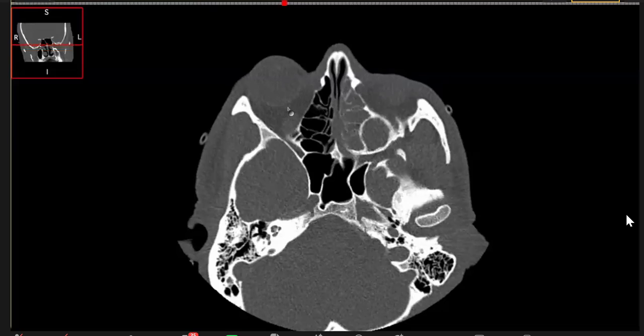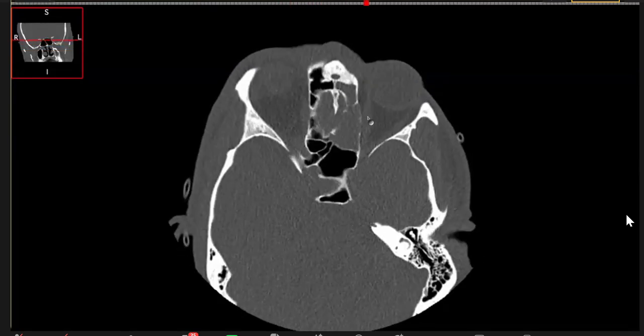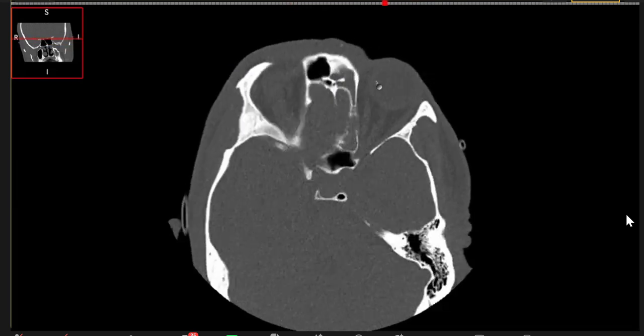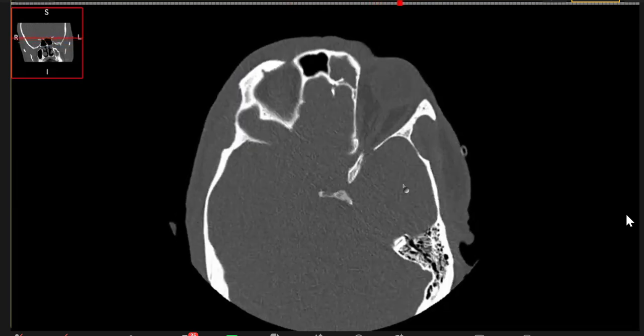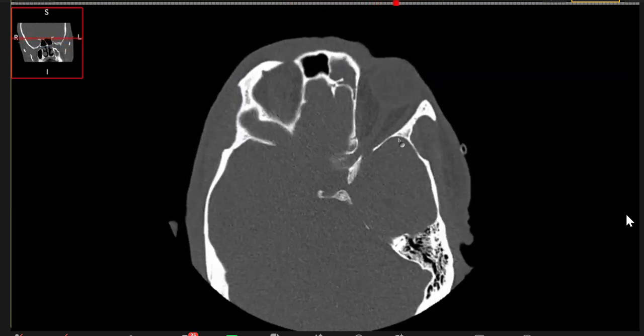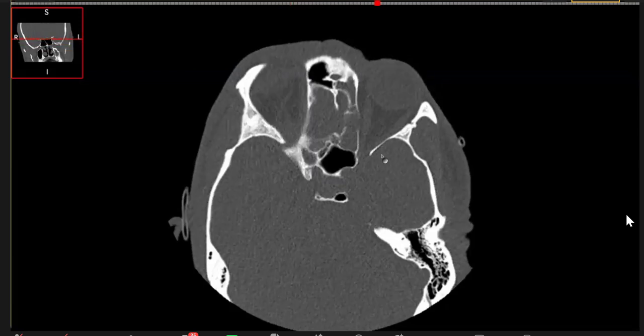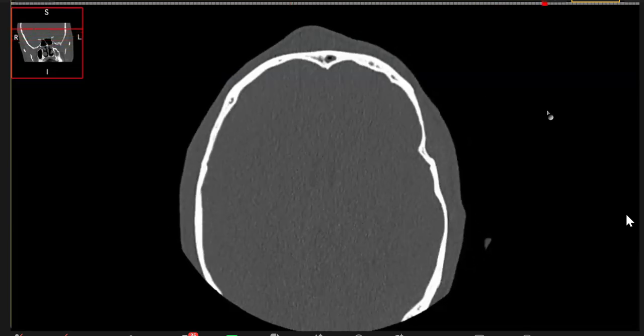Okay. So this appears to me as a chronic sinusitis involving the frontal and ethmoid and the left maxillary sinus with no bone affection. Doctor, sorry, could you scroll for me?